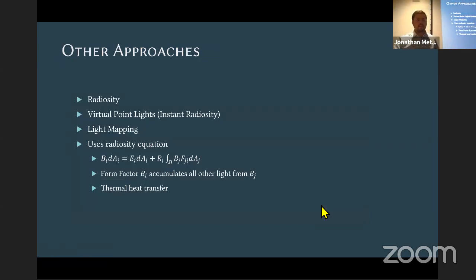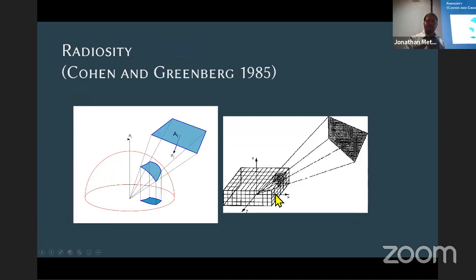Now, other approaches we talked about were radiosity. At the end, I want to talk about instant radiosity, but we're basically talking about light mapping and the radiosity equation. In other words, you have all these form factors and you have to calculate how much light is reflected. The main method that's used is the Hemicube model.